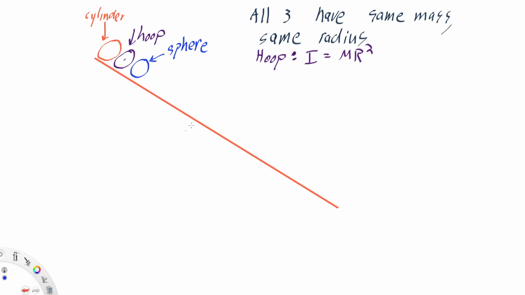For the sphere, there is a nice integral to be done here, but for the moment, we're just going to look it up on Wikipedia. By sphere, I actually meant ball.